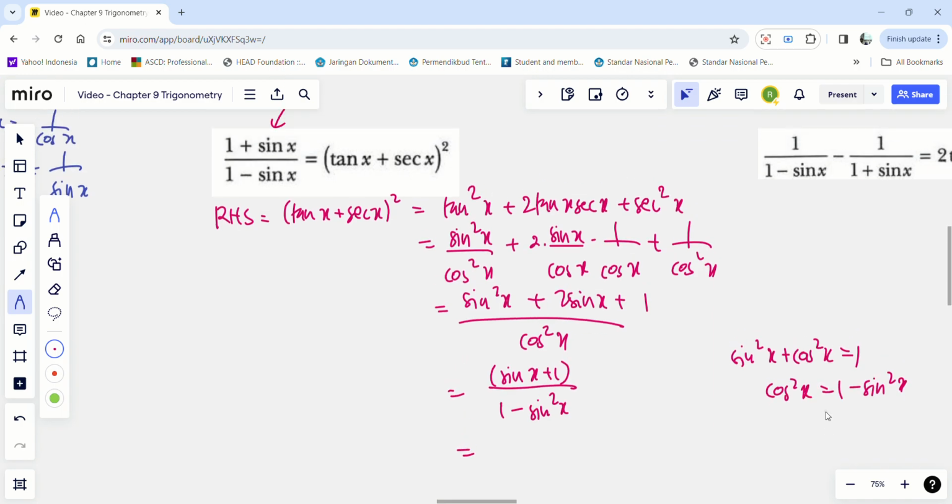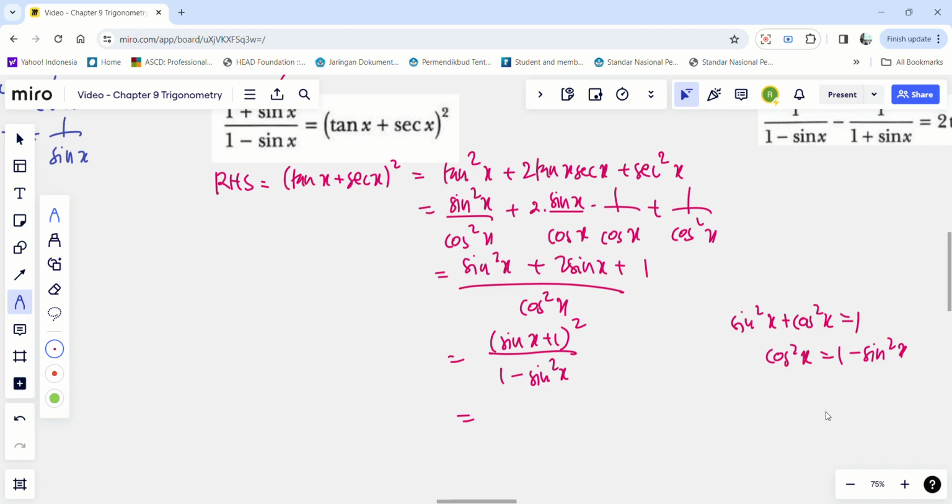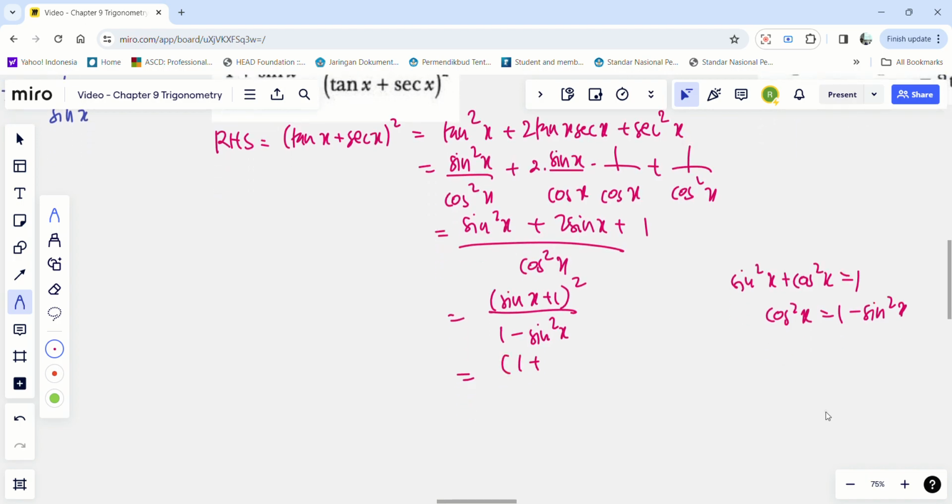And then you see, sorry, this is squared. I don't need the 1 minus, I don't need the squared. So what I can do is factorize it like this. Then I can cancel, and I achieve the goal that I'm aiming for.